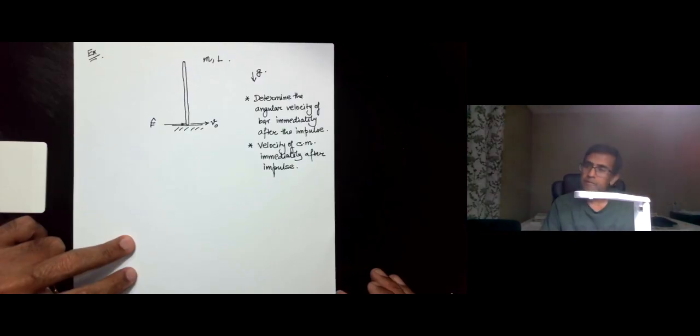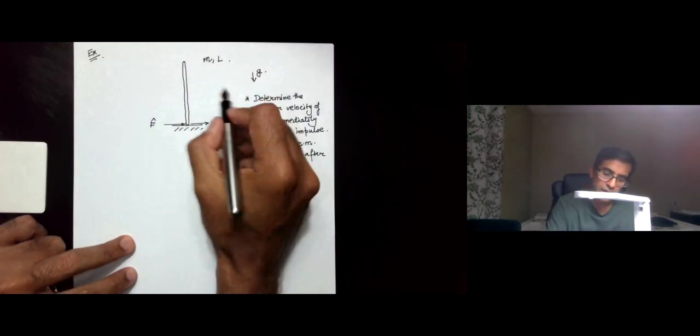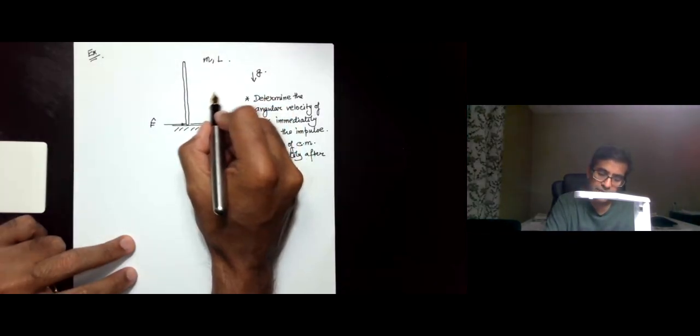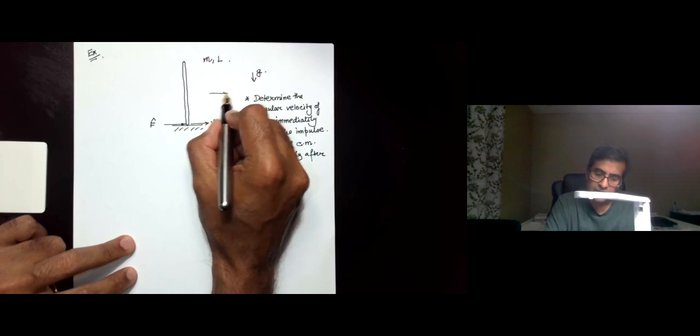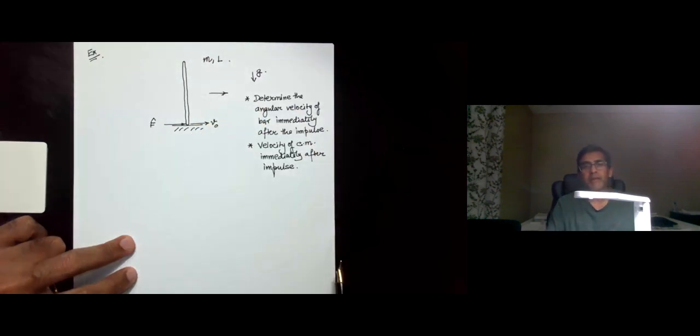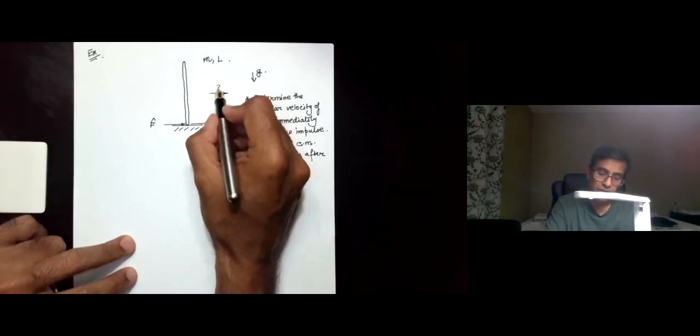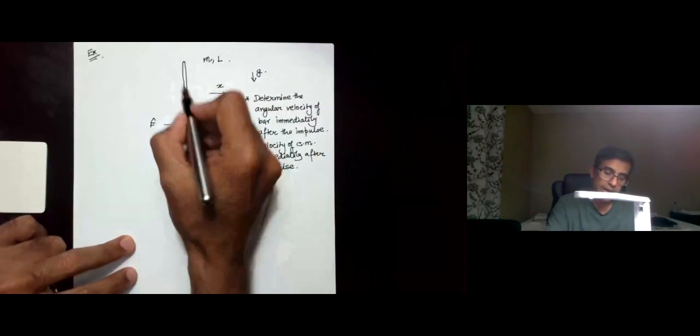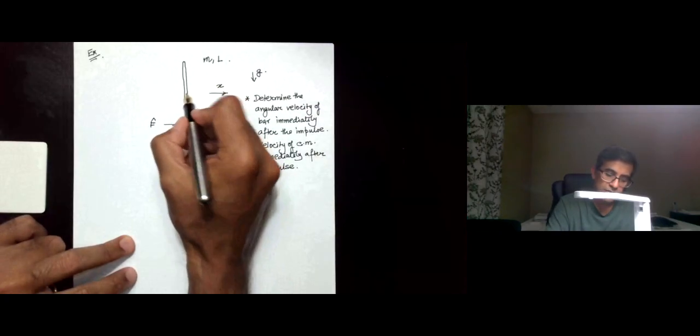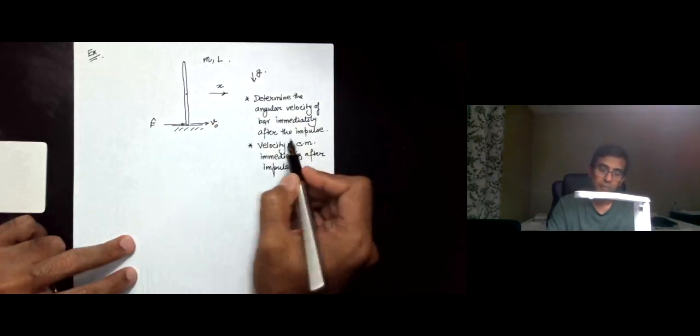The way we proceed is, firstly, let us say that the direction from left to right, parallel to the ground, is x, and this is the geometric center and the center of mass.